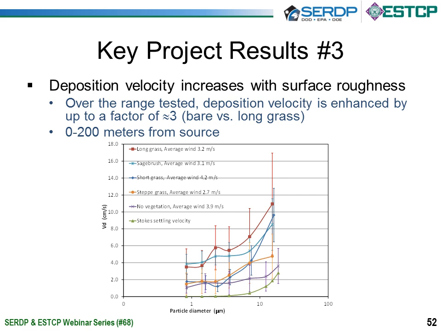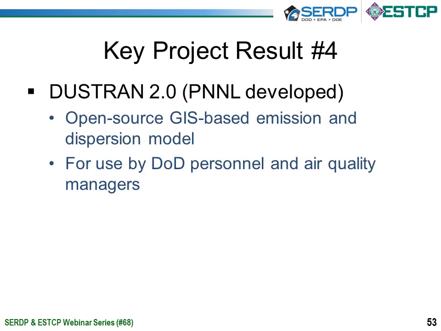Slide number 53, result number 4. This project also worked with Pacific Northwest National Labs, who developed, as part of this project and a previous project, the dust transport model, which now exists as DustTran version 2.0.